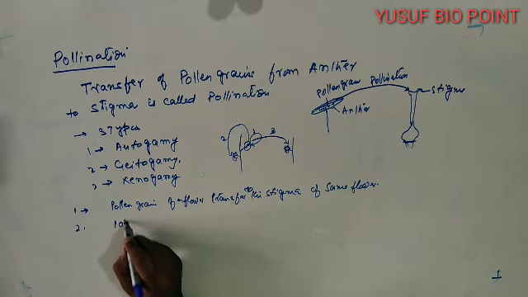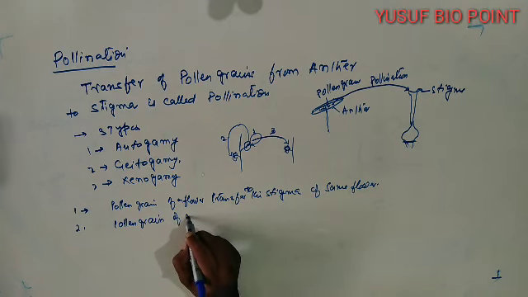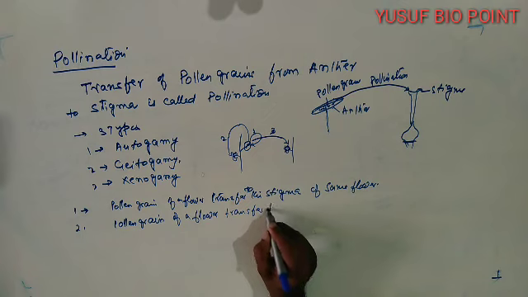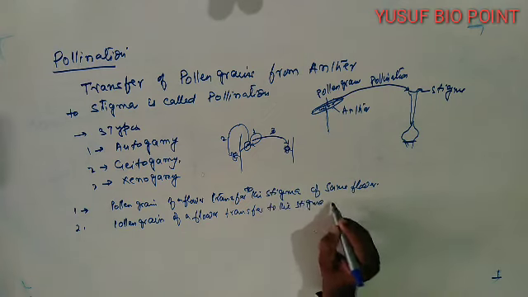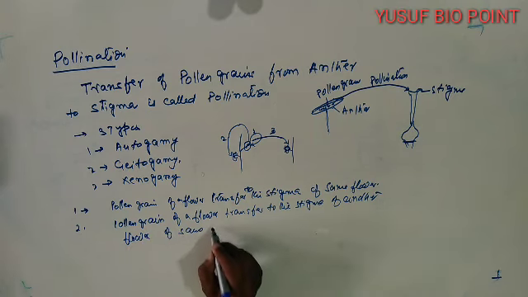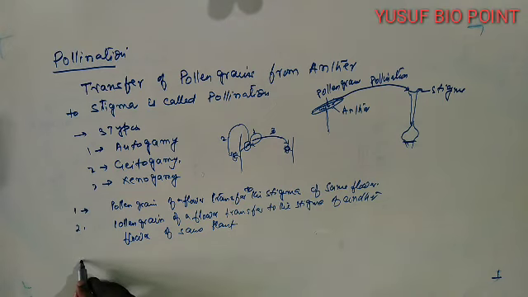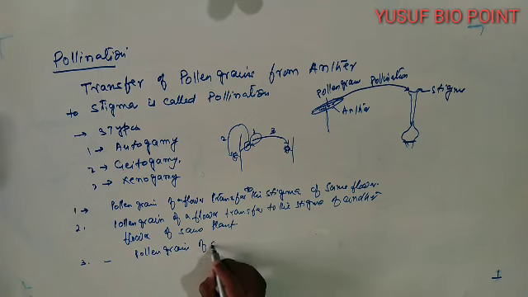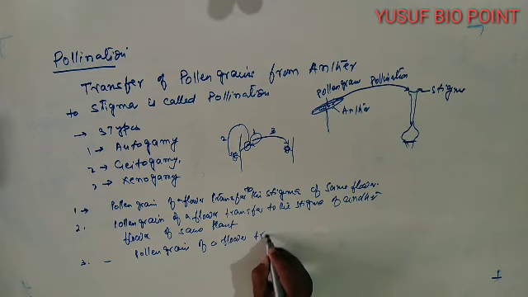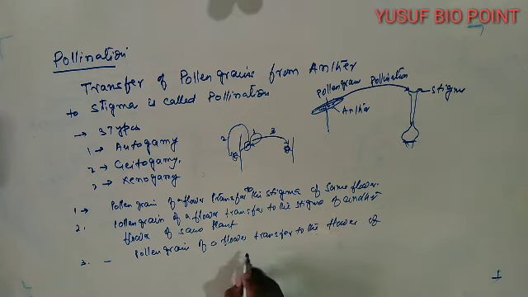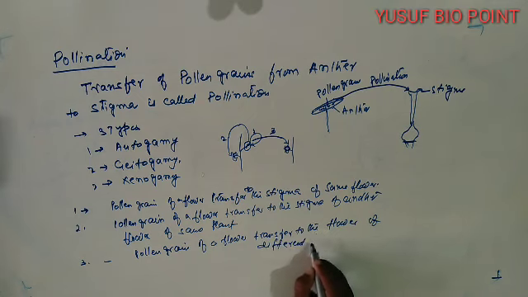That is, pollen grain of a flower transfers to the stigma of another flower of same plant is called geitonogamy, and xenogamy is pollen grain of a flower transfers to the flower of different plants. So this is called xenogamy.